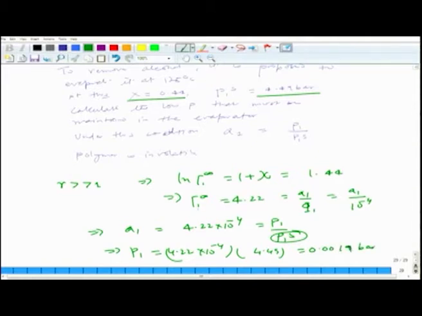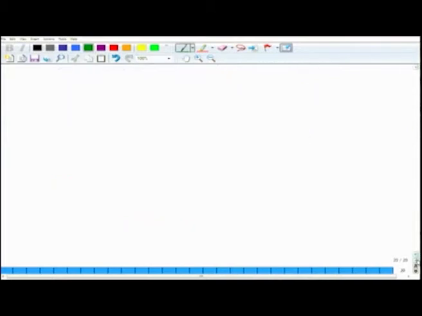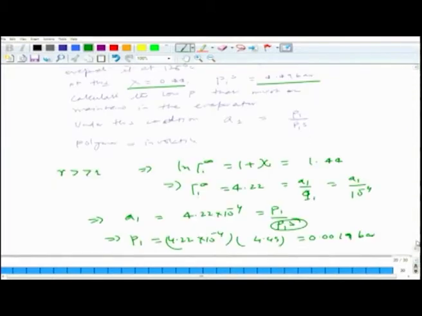Now, considering that the polymer is non-volatile, which essentially means P2, the partial pressure of this polymer, can be considered to be 0. Therefore, P, the pressure of the evaporator, can be considered simply as P1, which is 0.0019 bar.